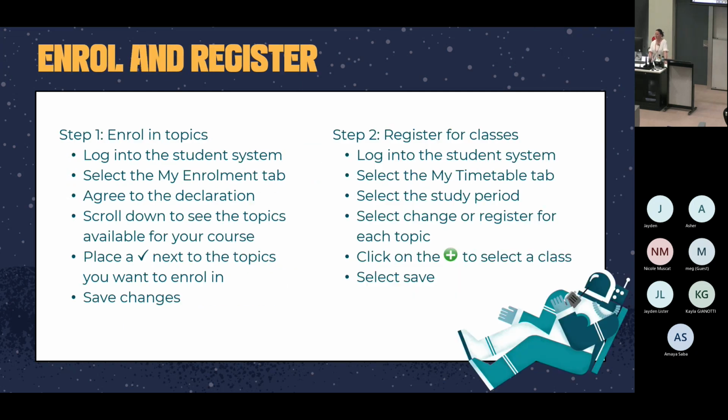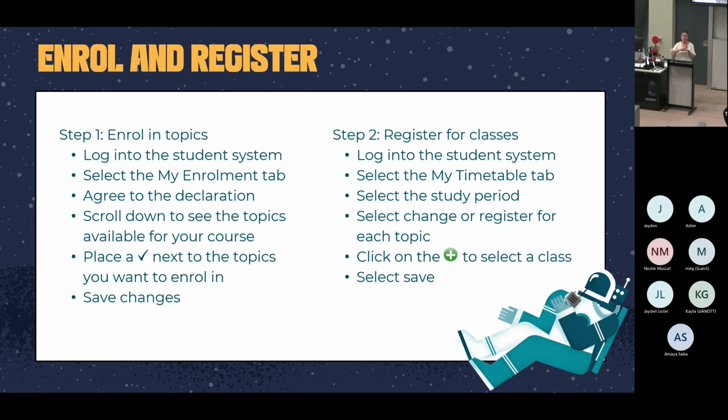Okay. So, enrolling and registering. The first couple of steps to enrol in topics. Once you've had a look at your course plan, you can see that every single semester, semester 1 and 2 per year, there's always 4 topics if you're a full-time student. If you're deciding to do it part-time, you may only have 2 topics per semester.